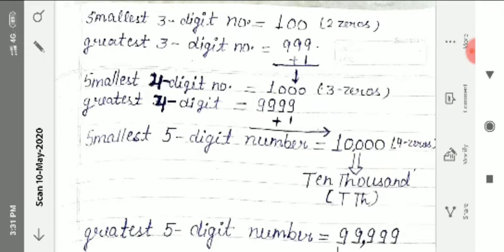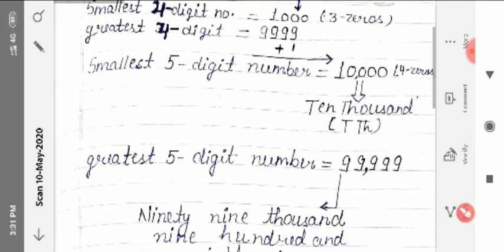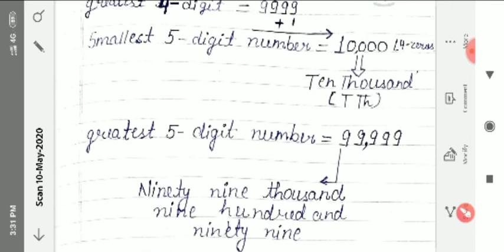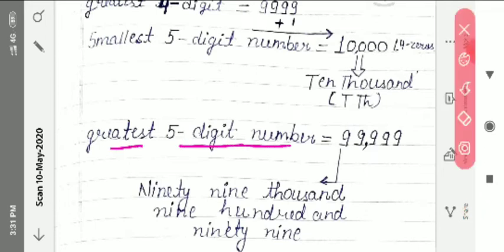And in the place value chart, I will show this by TH. And you know very well what the greatest 5-digit number is. The greatest 5-digit number is 99999, 5 times 9.